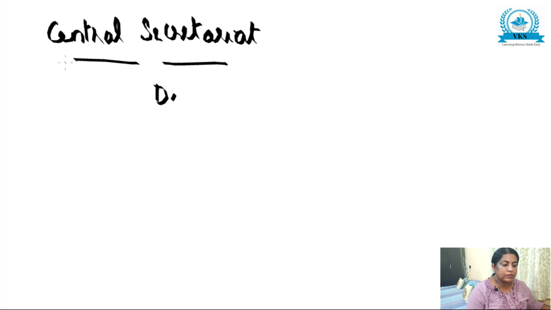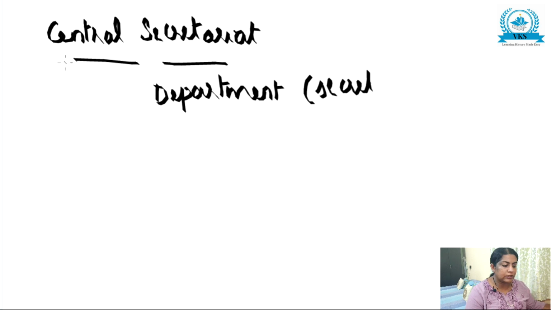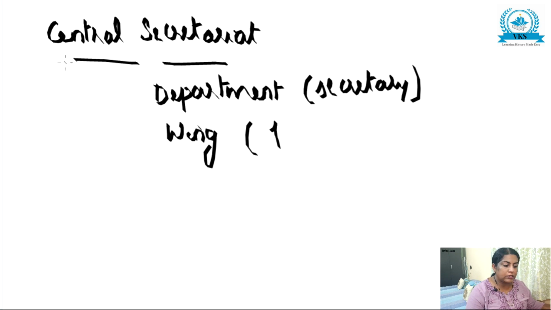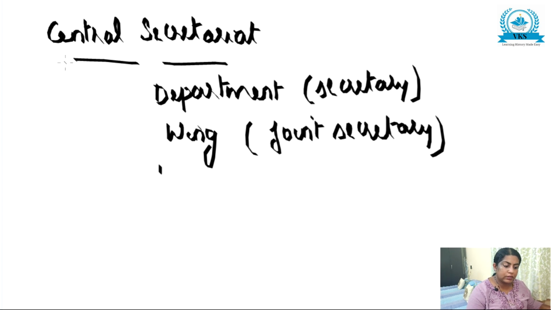First it has the department, that is the secretary. After that, the wing. Wing is additional or joint secretary. After that there is the division.